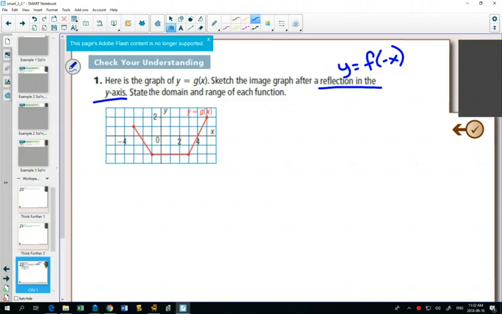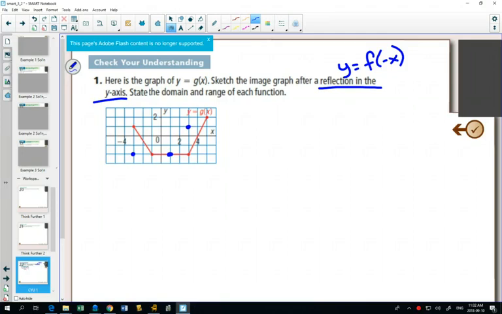And so all of our x values are going to get multiplied by a negative 1. So instead of having negative 3, 1, I'm going to have positive 3, 1. Instead of negative 1, negative 2, I have positive 1, negative 2. This point at 3, negative 2 would get reflected over to negative 3, negative 2.